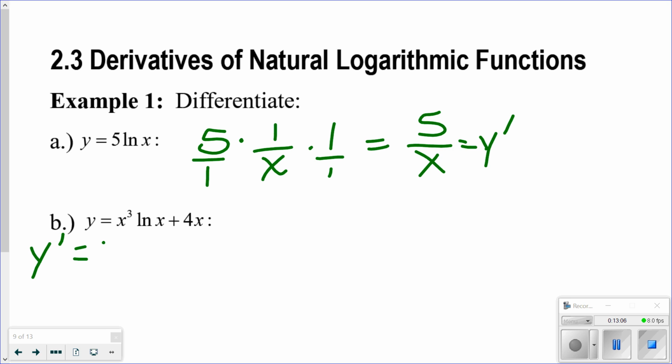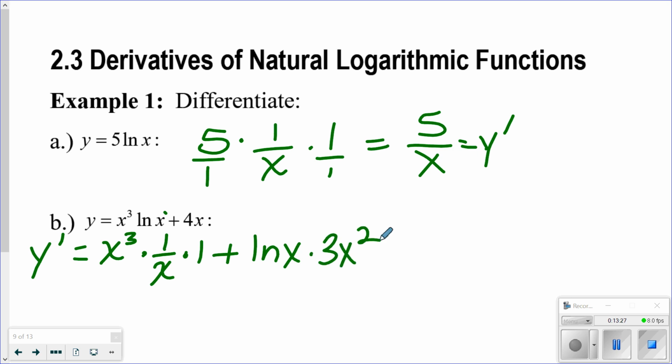Okay, so the first, leave it alone, times the derivative of the second, which is 1 over x, times the derivative of x, which is 1, plus, now we have to do natural log x times 3x squared. Okay, so that's why the natural log stays in a product rule. It's because you have to write down the second as it is.